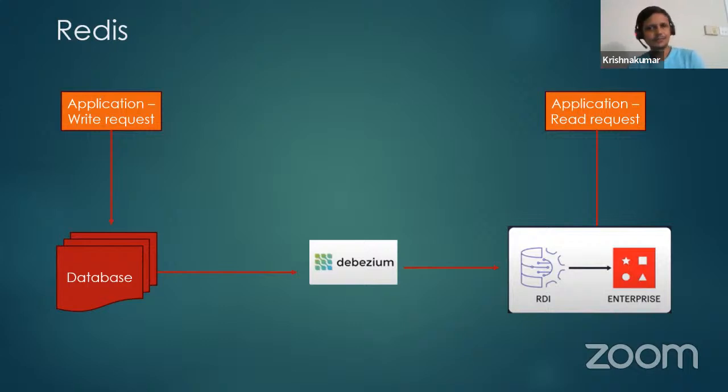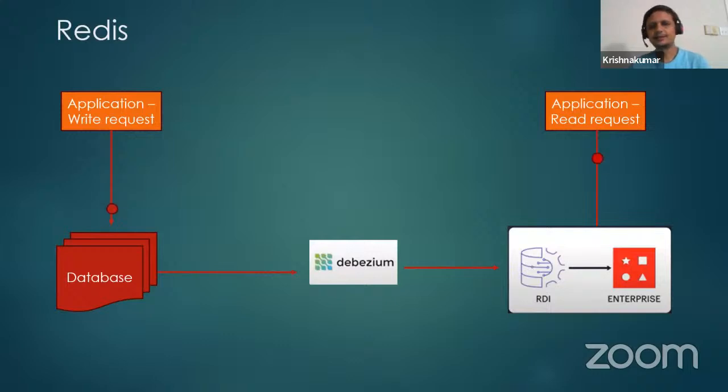The web application is fine, that can be managed in a different manner, but here we are talking about the data. So this is how Redis manages the data. Suppose the database is in the US on the left side, and the APAC customer is on the right side, accessing the data. What Redis does is, when there is an application write request, it goes to the database and it writes.